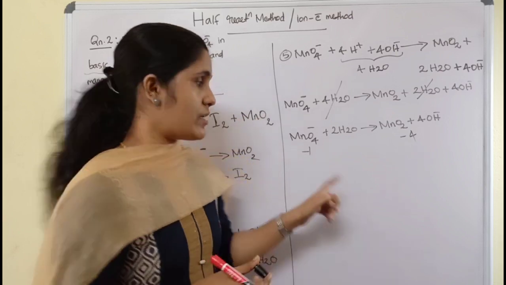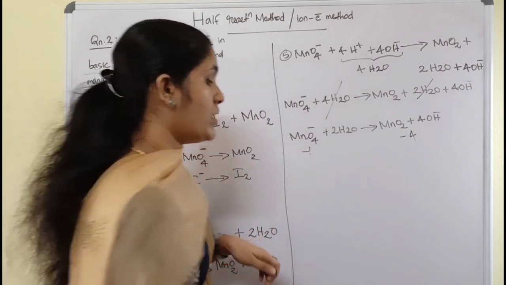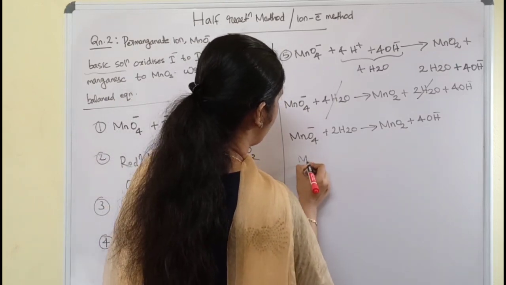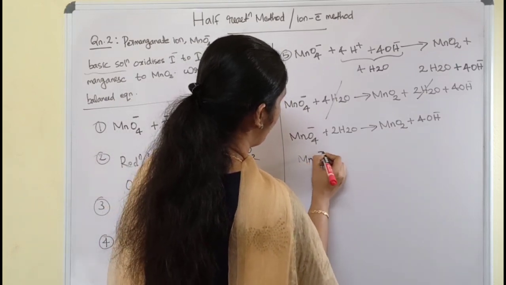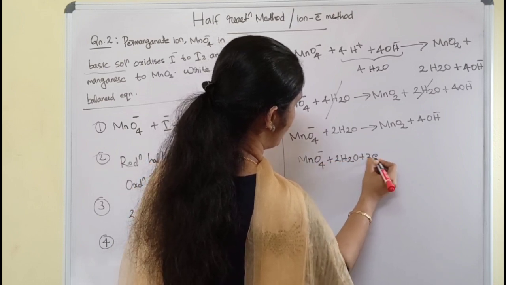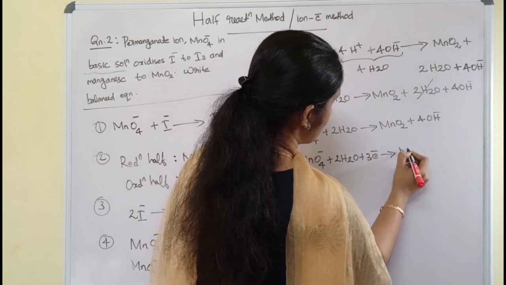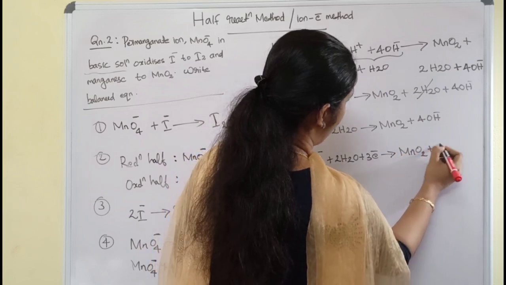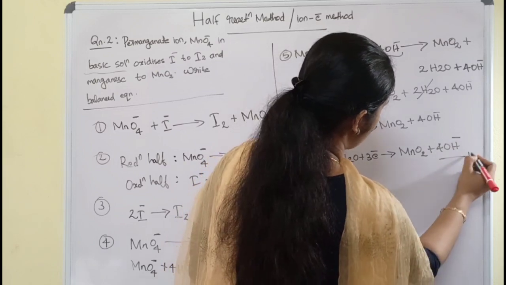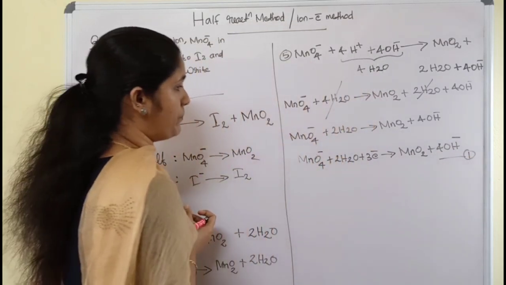So 3 negative charges come, meaning this side also becomes minus 4. So let's again rewrite the equation: MnO4 minus plus 2H2O plus 3 electrons gives MnO2 plus 4OH minus. So this is equation number 1.